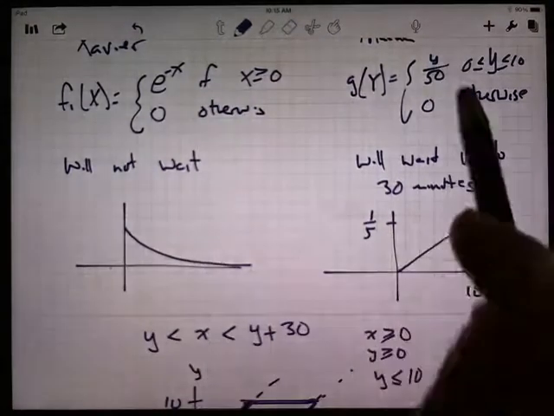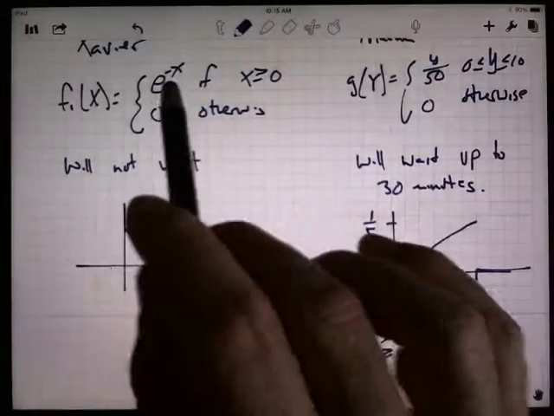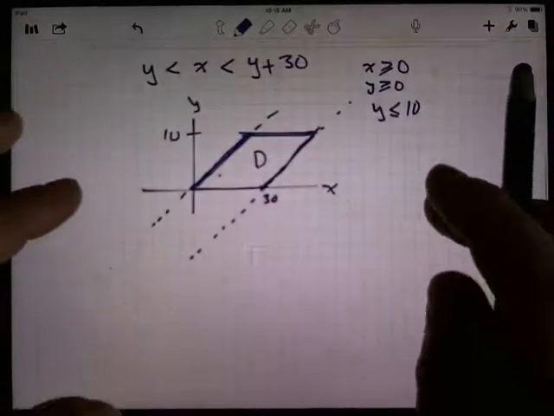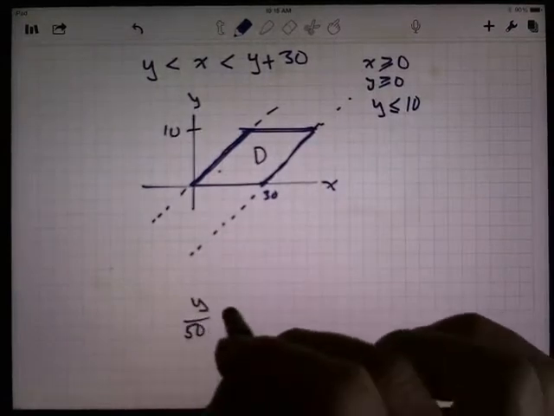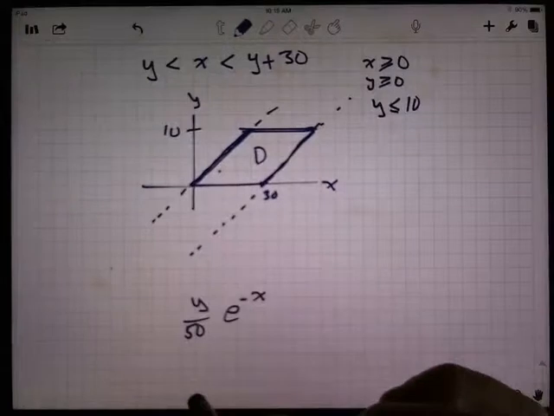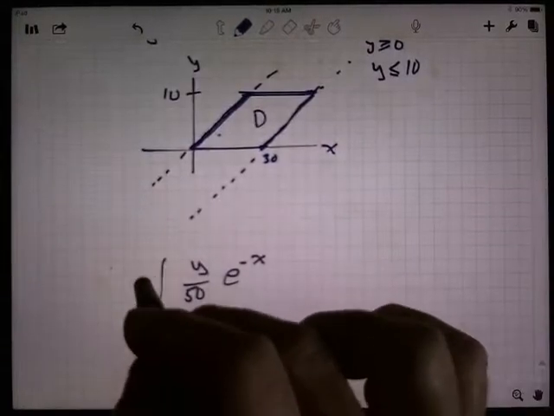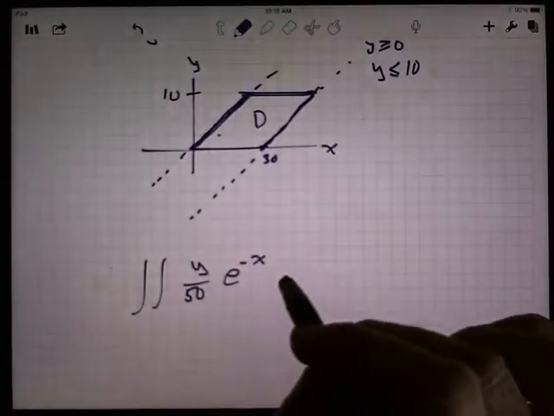So the probability distribution function looks like y over 50 times e to the negative x, and I want to integrate over that region D.